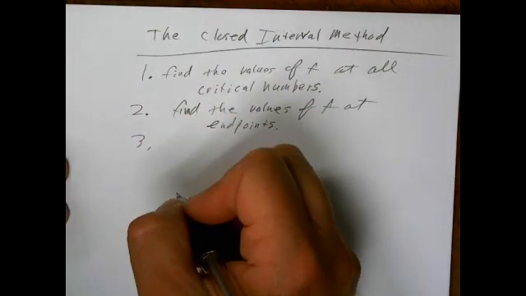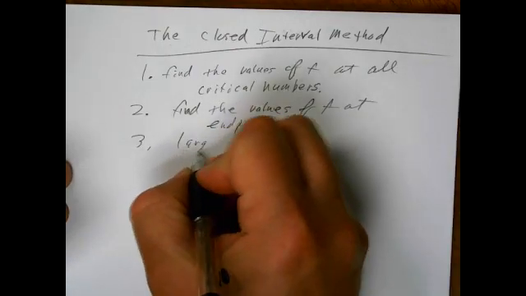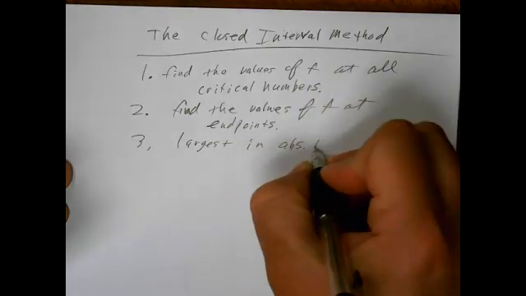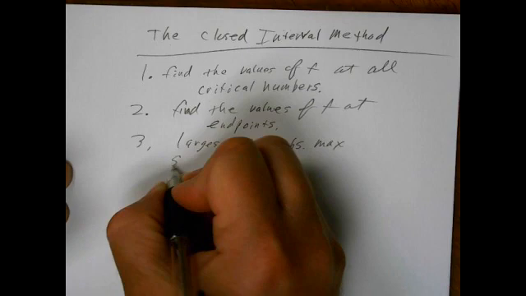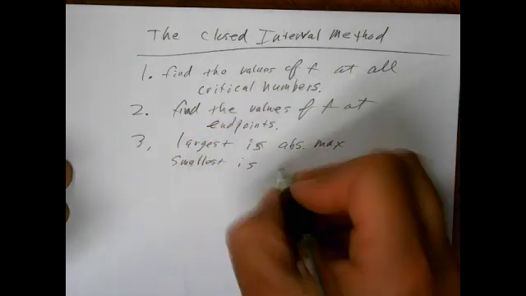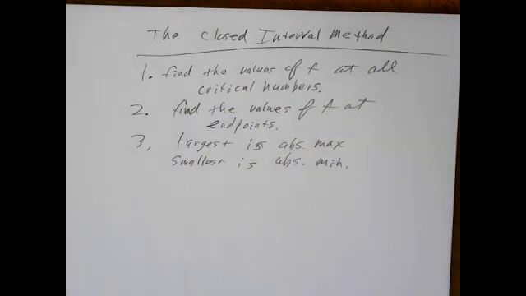All right, and from all of these values, the largest is the absolute max. Smallest is, let's say is here, absolute min. All right, so you're going to compare critical values to endpoints, and from there, you find your absolute maxes and absolute mins. All right, closed interval method.